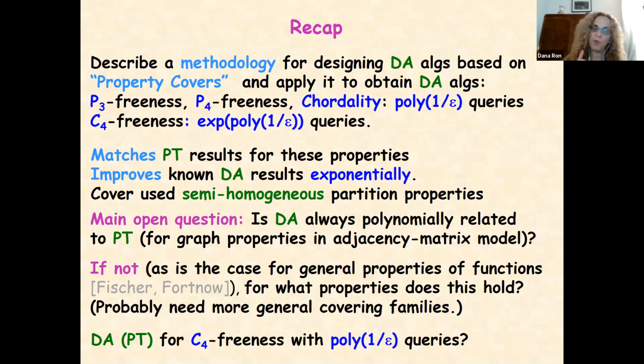I'll say two things. One thing that's actually interesting in GGR, the paper I mentioned before about partition properties: in terms of the algorithm, it was simple. You just sample and look at the induced subgraph. The analysis actually didn't use a known characterization, but worked from first principles on how you could show that if a graph is far, it will be caught.